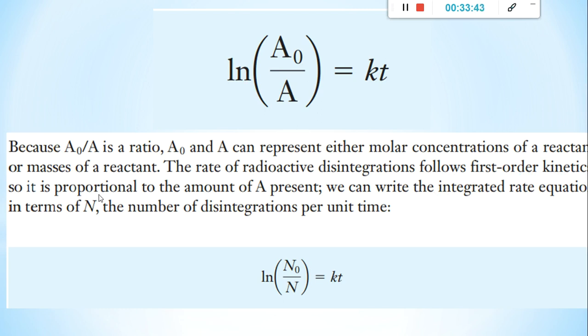So we can rewrite the integrated rate equation in terms of N, where N is the number of disintegrations per unit time. So we have there the equation.